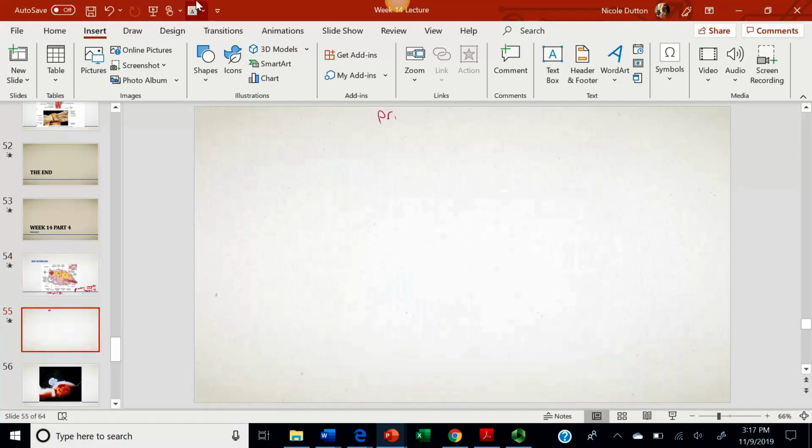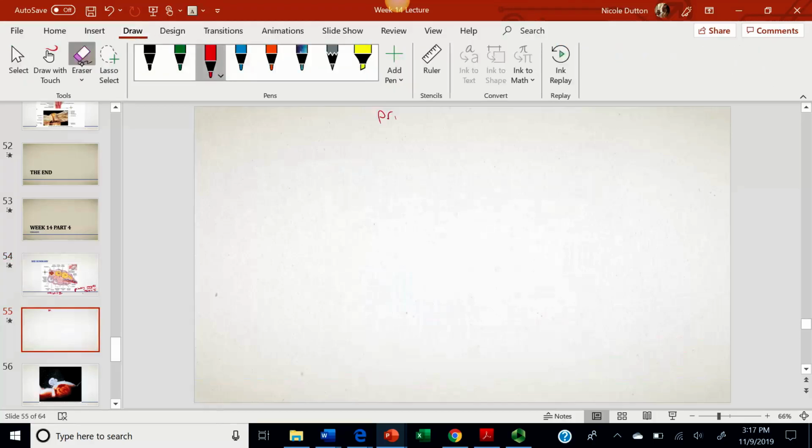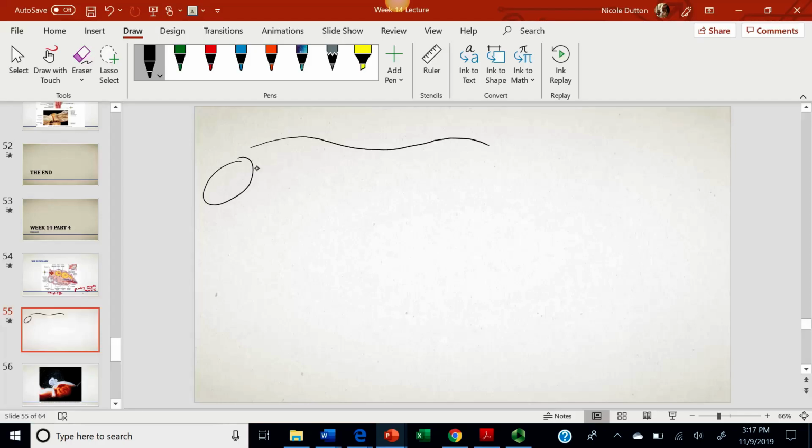If we look at this drawing, and you'll have to bear with me, I'm a terrible artist, you've got the ovary, and then you have the uterus, and the uterine tube, and the uterus.